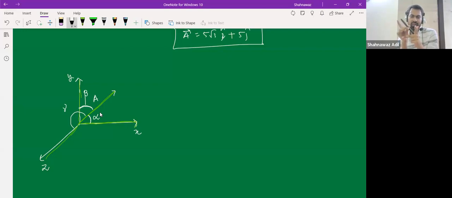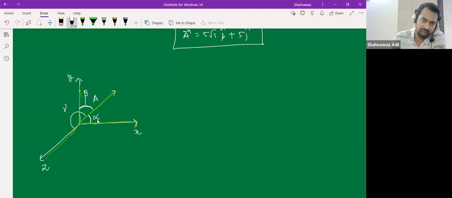If it is making an angle alpha with the x axis and an angle beta with the y axis, you can see that these are not complementary angles.